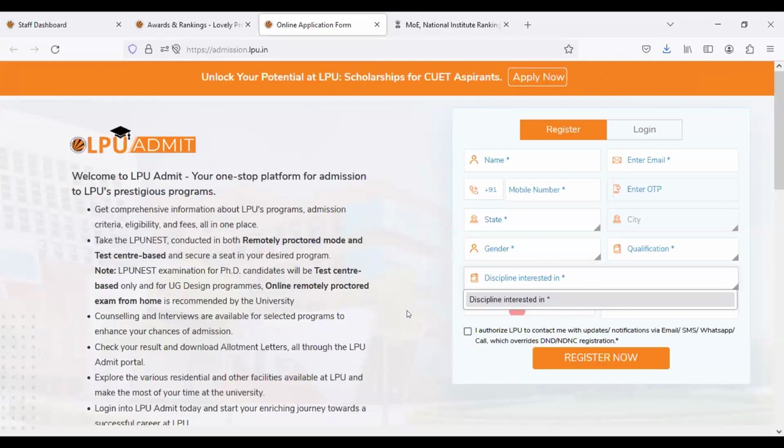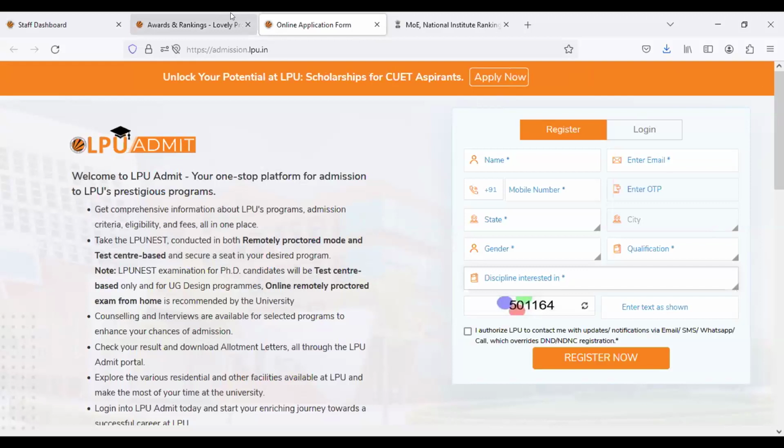Reason being, for the BTech program in our university, the previous qualification is 12th based non-medical, physics, chemistry, math, along with the English subject, with a minimum of 60 percent in 12th. Then you have to appear for LPNest or CUET. After qualifying LPNest or CUET, you take part in the online counseling based system. After you rank your preferences, the allotment letter will be issued.